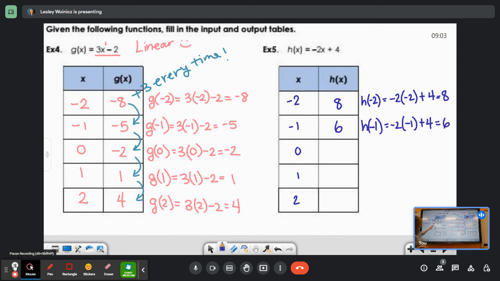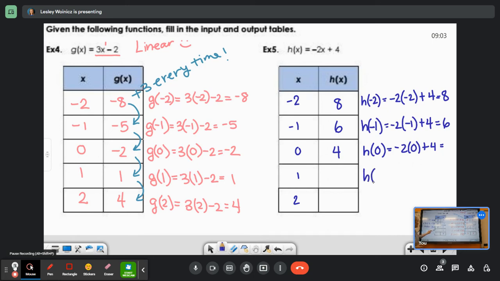Okay. What about h of 0? Negative 2 times 0 plus 4. Anything times 0 is 0. 0 plus 4 is 4. You're subtracting by 2 every time. Yes.